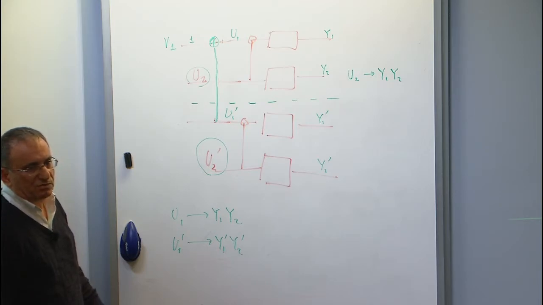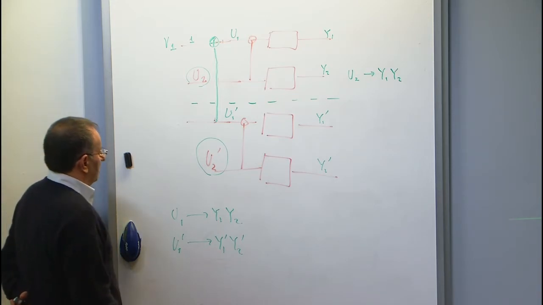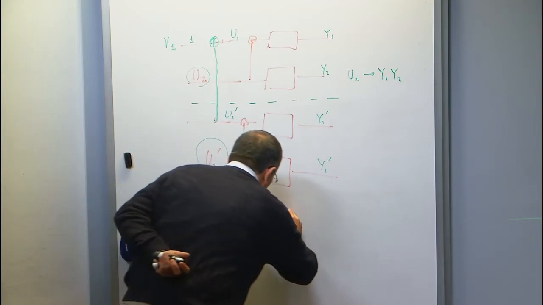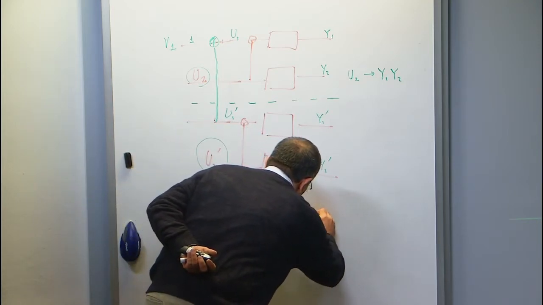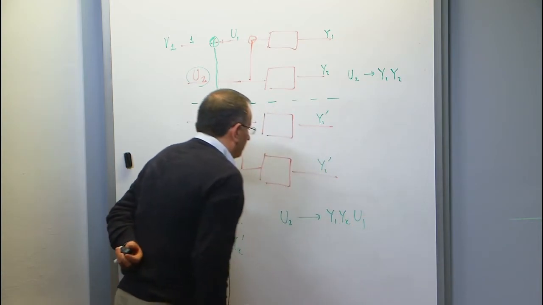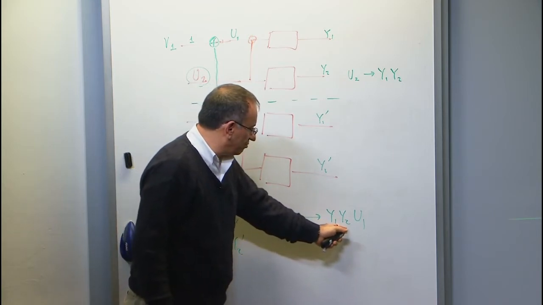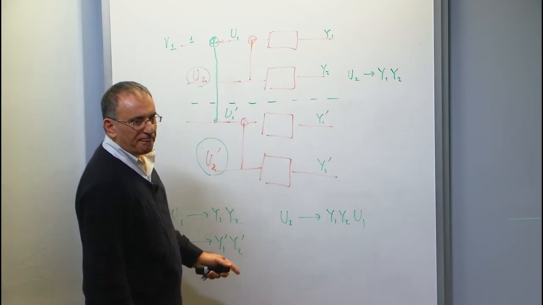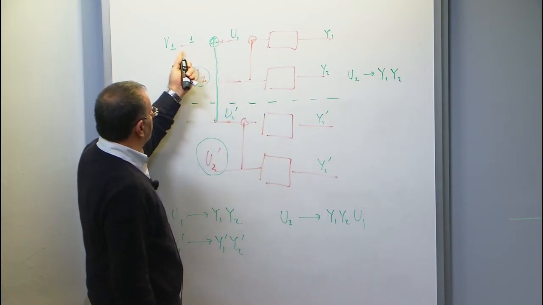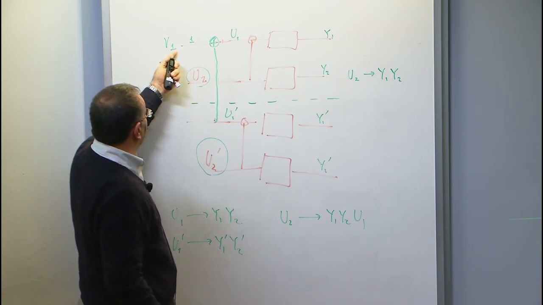No, my question was why I cannot. You said actually I could decode U2 after V1. Okay, so what is the channel U2? It is the channel Y1, Y2, and U1. This channel requires knowledge of Y1, Y2, and U1. So as soon as you have U1... I'm sorry, yeah, you're right.